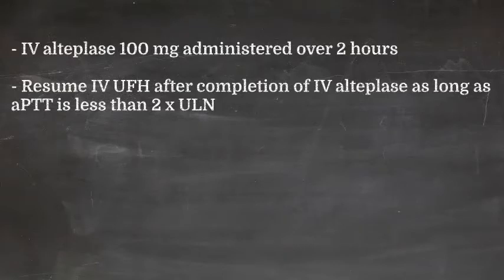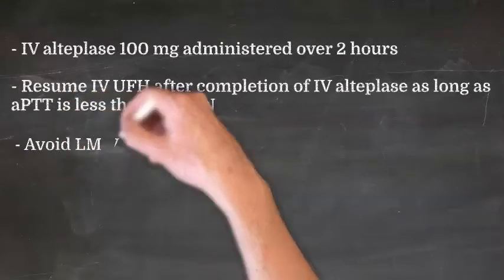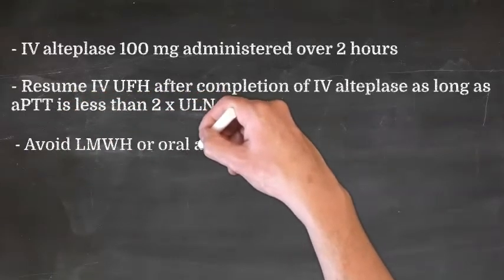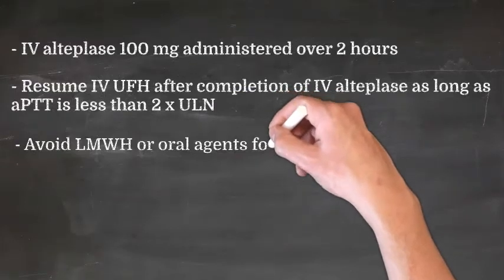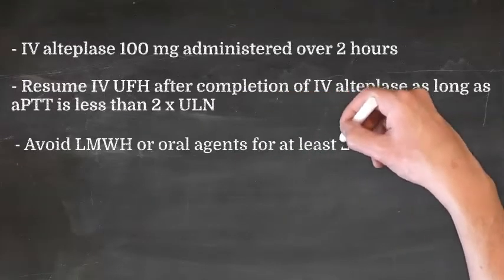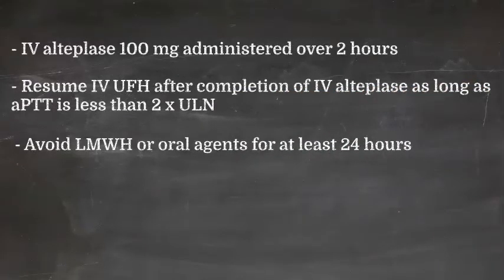Then you resume anticoagulation with IV unfractionated heparin after completion of IV alteplase, as long as the aPTT is less than twice its upper limit of normal. And you want to avoid low molecular weight heparin or oral agents for at least 24 hours, again to make sure that you have options if the patient were to bleed. Given that they just got alteplase, the risk of bleeding goes higher.